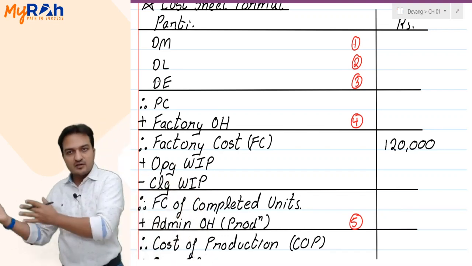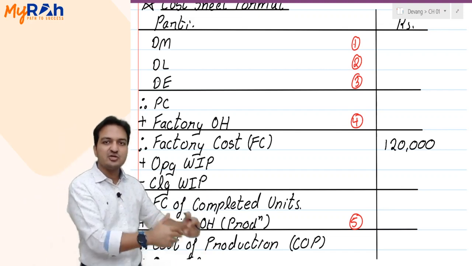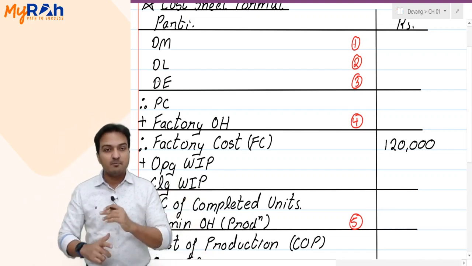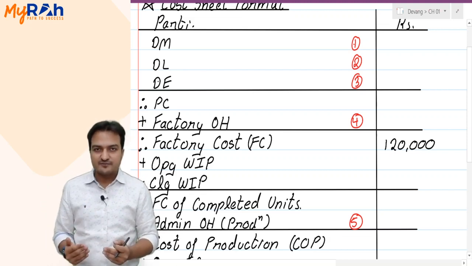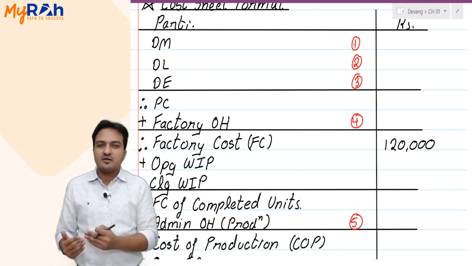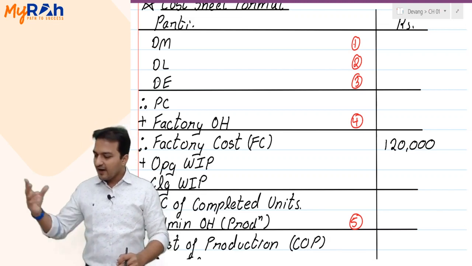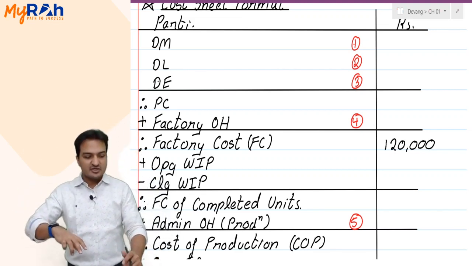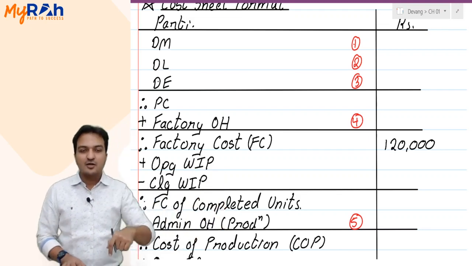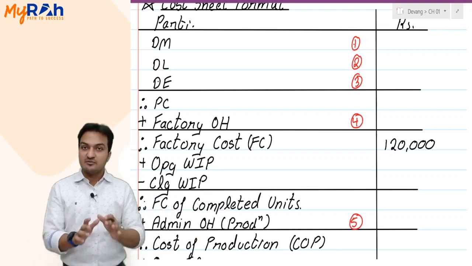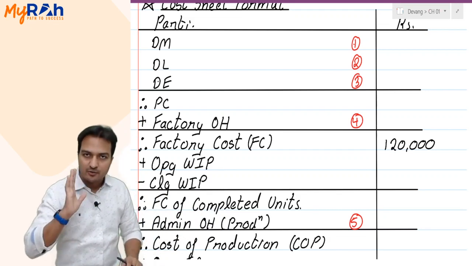I insert materials at one end of the machine, I get finished goods at the other end of the machine. But by the end of the year, at least some units might be there for which I have inserted materials into the machine, but my finished goods have not yet come out. These units which are still inside the machine will be called WIP.